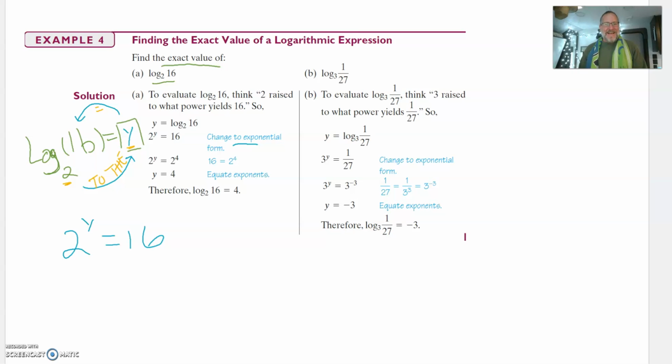That's the trick. And then from there, you can kind of just see at what exponent works. Does 2 squared work? Does 2 cubed work? Oh, wait a minute. 2 to the 4th works. Yep. That's why y is 4. That's why the output is 4.